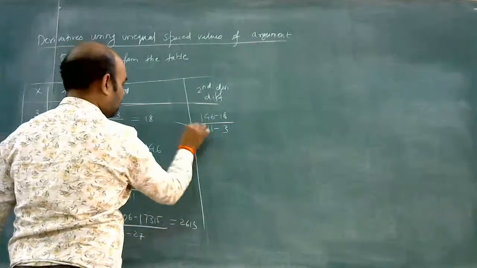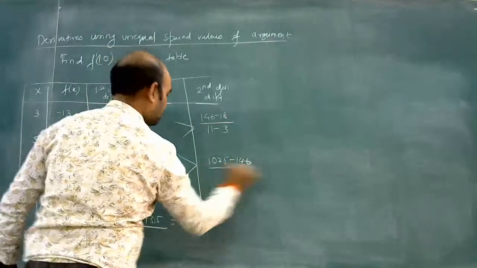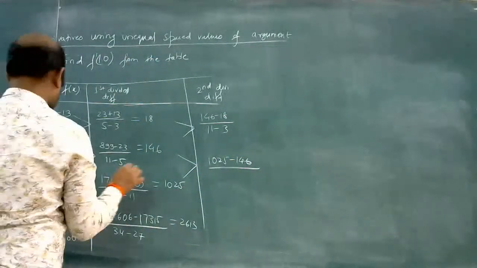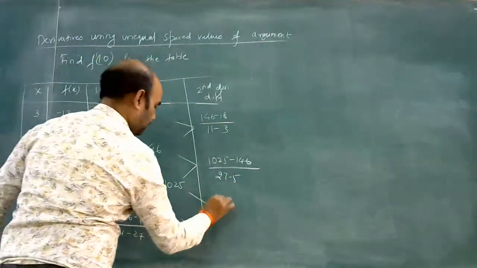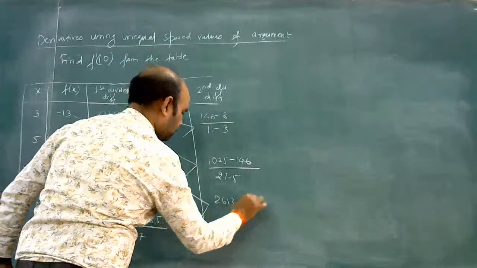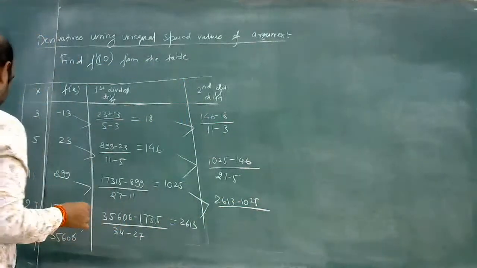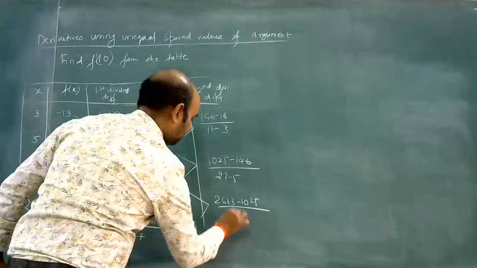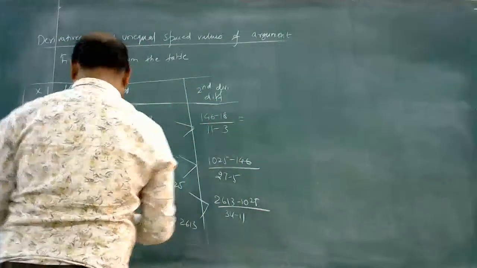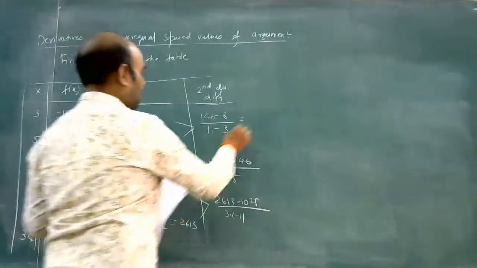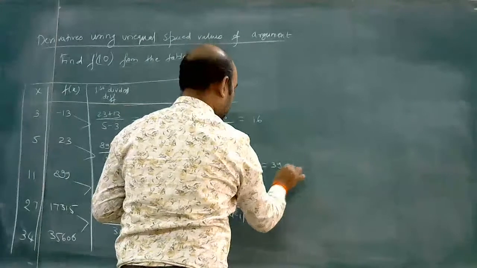Then 125 minus 146 divided by 27 minus 5. 4613 minus 1025 divided by 24 minus 7. This is equal to 16. This is equal to 39.96.